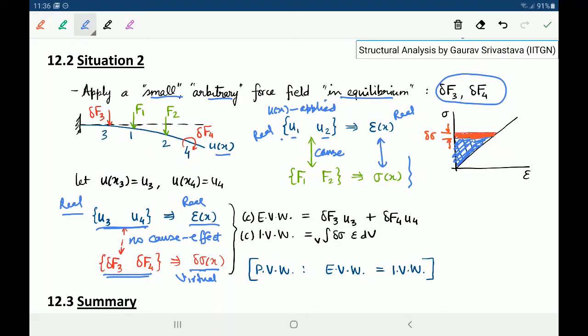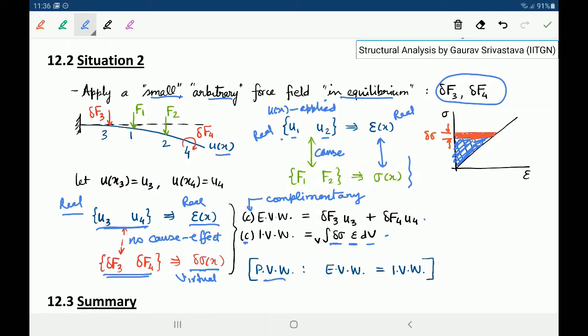So the external virtual work will be delta F3 U3 plus delta F4 U4, but the internal virtual work will be the volume integral of the virtual stress times the real strain dV, right? And it will be ideal to say these things as complementary work. That's what this C stands for. So this is the complementary external virtual work, and this is the complementary internal virtual work.